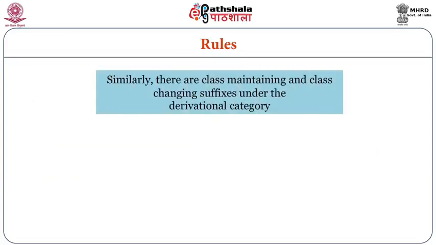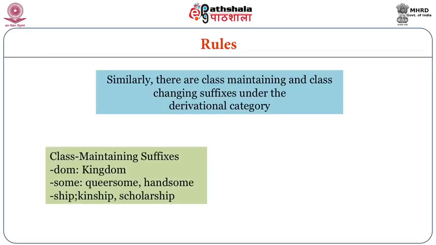Similarly, there are class maintaining and class changing suffixes also under the derivational category. For example, class maintaining suffixes, we can say dom, like kingdom, some, like handsome, ship, like kinship, scholarship.